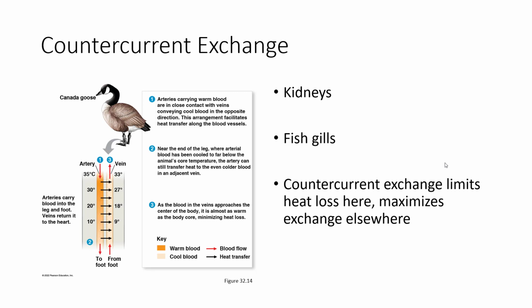You see how that exchange of heat is always from higher to lower, but this allows the artery to cool the blood as it moves towards the foot and warm the blood when it moves from the foot. So we're going to see this in fish gills and kidneys later on. It's a good time to introduce that. It minimizes heat loss in these organisms, and later we're going to see how it works with oxygen and water loss.